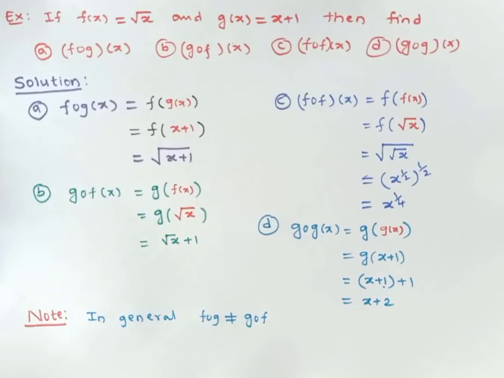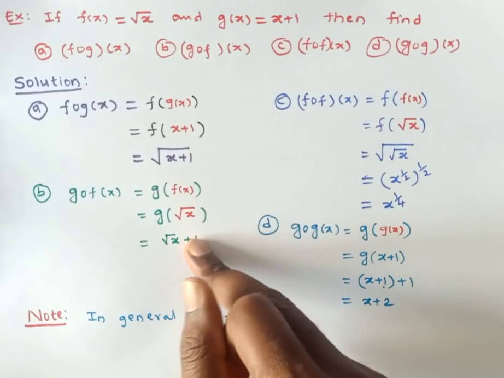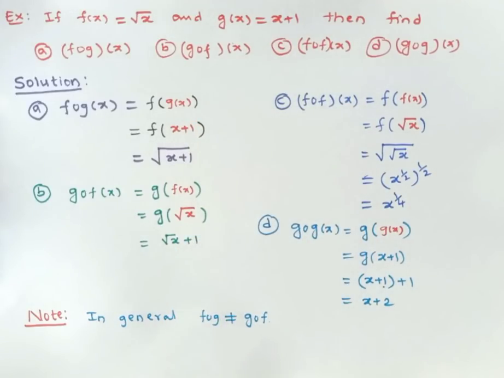Here the functions f circle g and g circle f are usually quite different. Composition is nothing but an operation, right? So with respect to composition, the functions do not satisfy the commutative property. In general, the functions do not satisfy the commutative property with respect to composition.